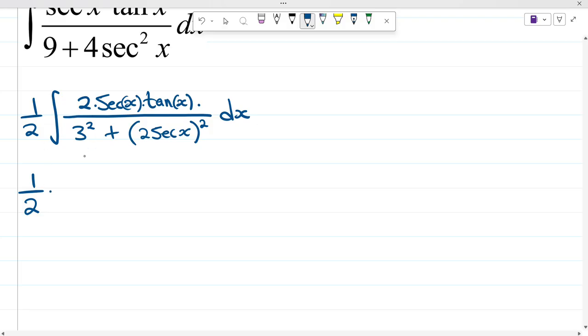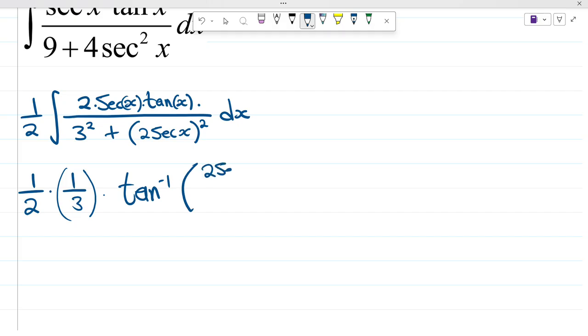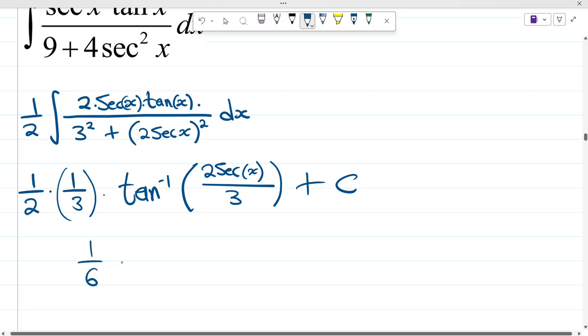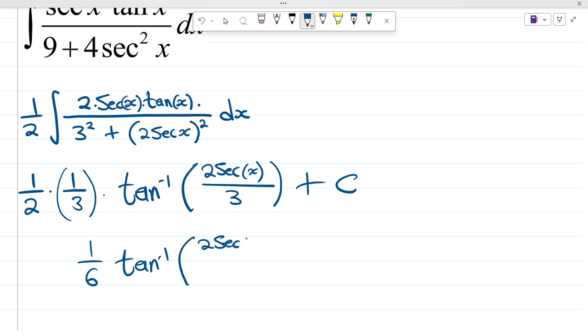Since the one for tan inverse should have 1 over a, our a being 3, this is going to be 1 over 3 multiplied by tan inverse of 2 sec of x divided by our a being 3, and then plus c, which is the same as 1 over 6 tan inverse of 2 sec of x divided by 3 plus c. And ta-da, you have your answer.